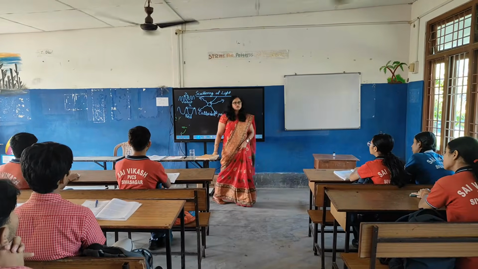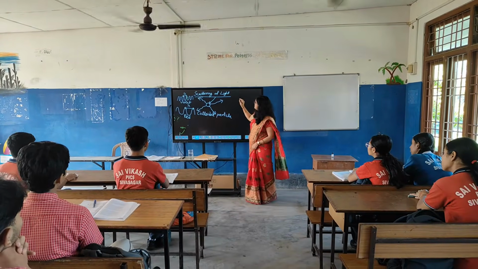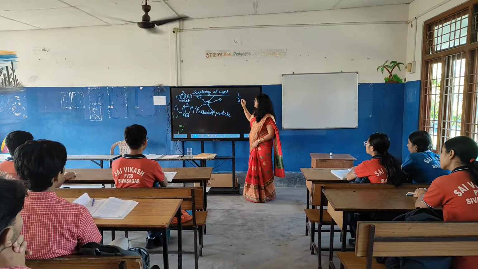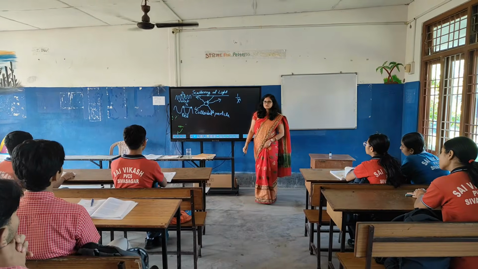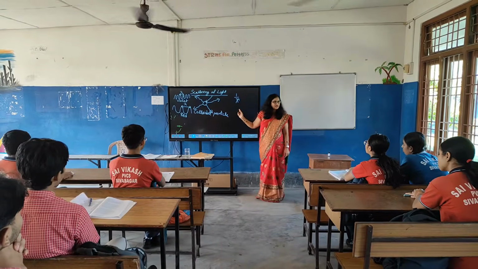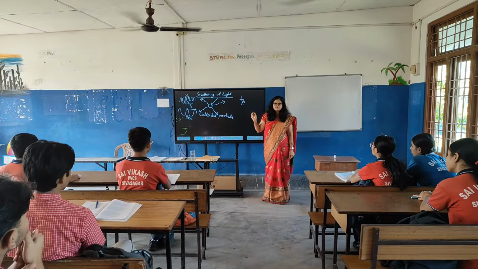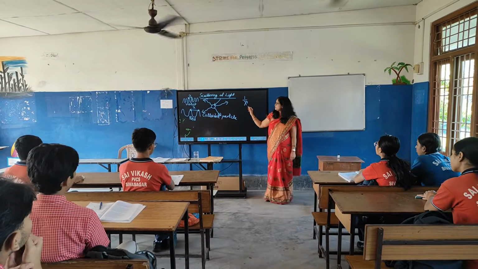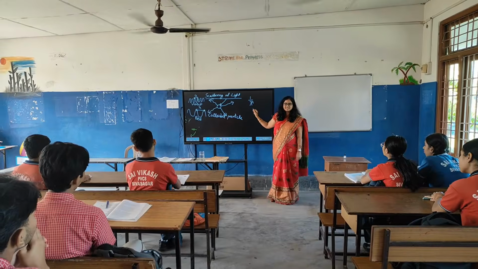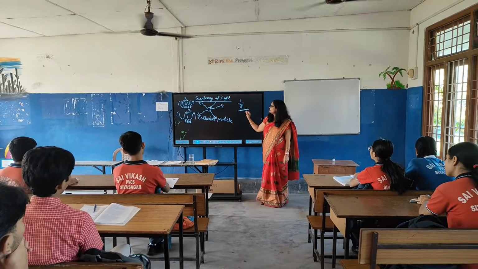In that formula, he said that the scattering of light takes place as 1 by lambda to the power 4, depending on lambda. Lambda is what? Wavelength. The lambda is wavelength. So depending on this formula, the scattering of light takes place.